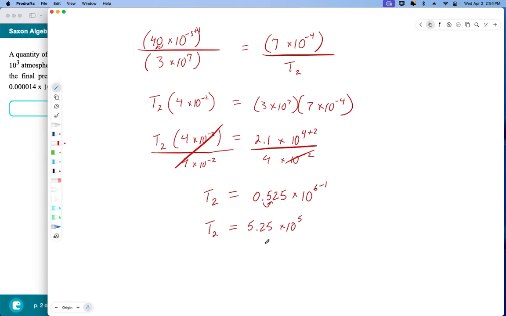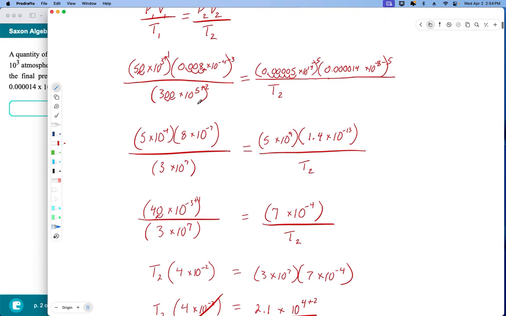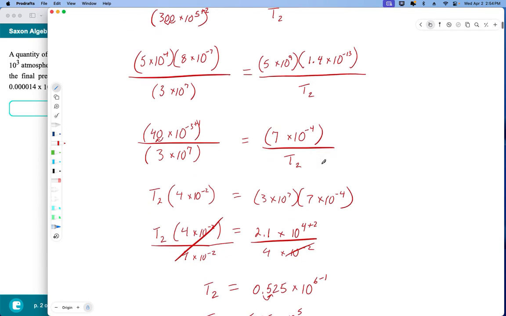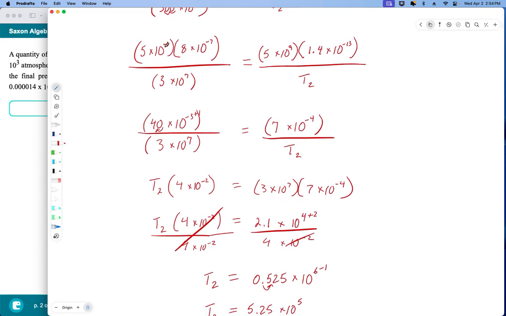Okay? That's how we solve these things. We put them in the proper format, right? To get rid of all those extra zeros. Once we have that in the proper format, then we can just cross multiply. Do any calculations that are in the numerator first.